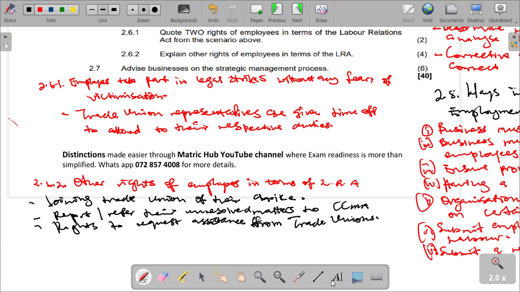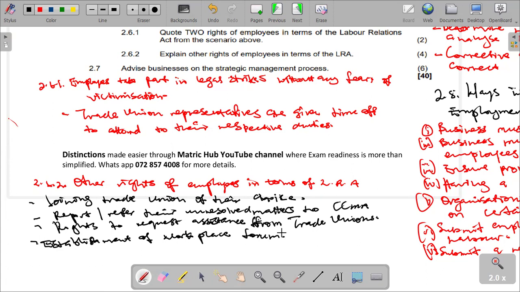We can as well talk about the establishment of a workplace forum, where a business has 100 or more employees, to resolve work-related issues.